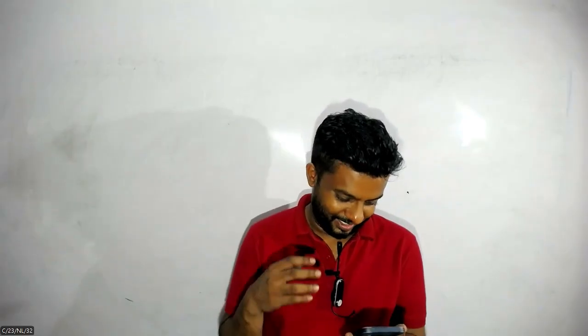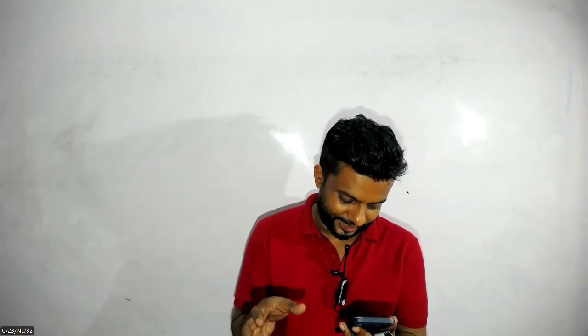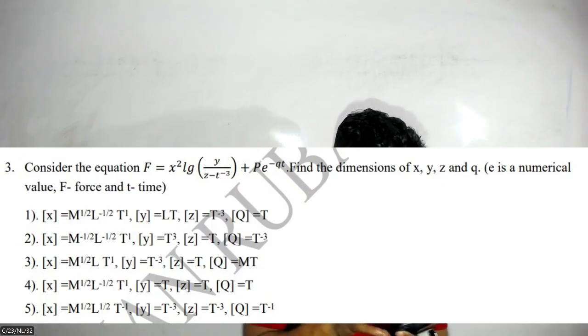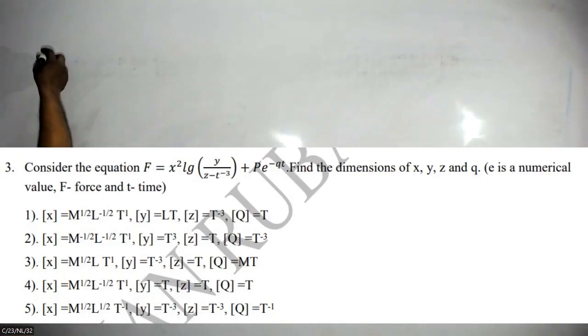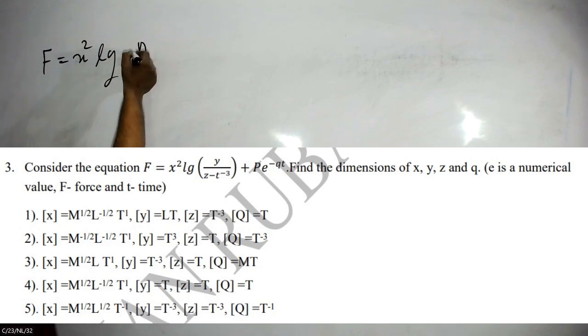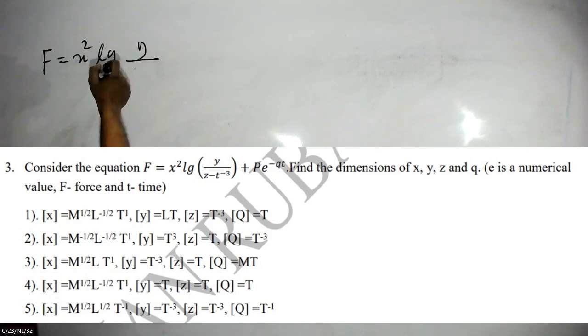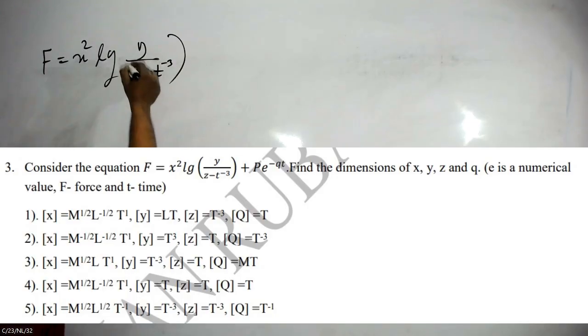Right. This question number 3. Look, make a pattern question. Just read the question. Consider the equation F is equal to x to the power 2. Then there is a log value, right? You have to consider the log value of the term, the ratio between y over z minus t to the power minus 3. This one is minus 3, right?